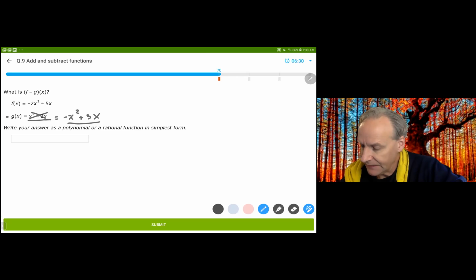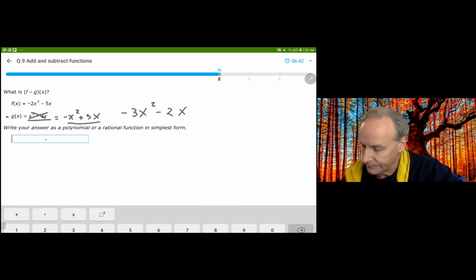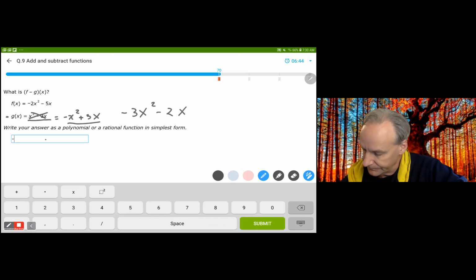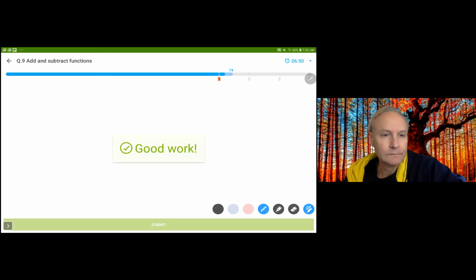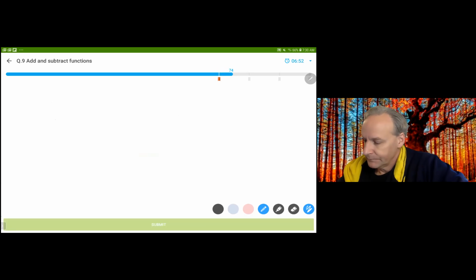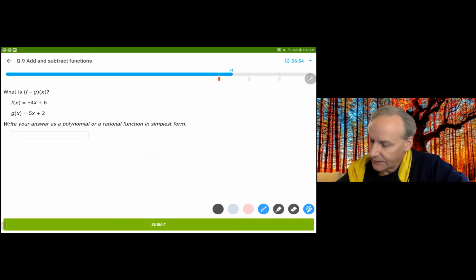You don't want to write things that aren't true. Now we're just going to add together these two terms. I'm going to take f of x and add my negative g of x. That's going to give us negative 3x squared minus 2x. Again, we have to change the sign of the g of x.